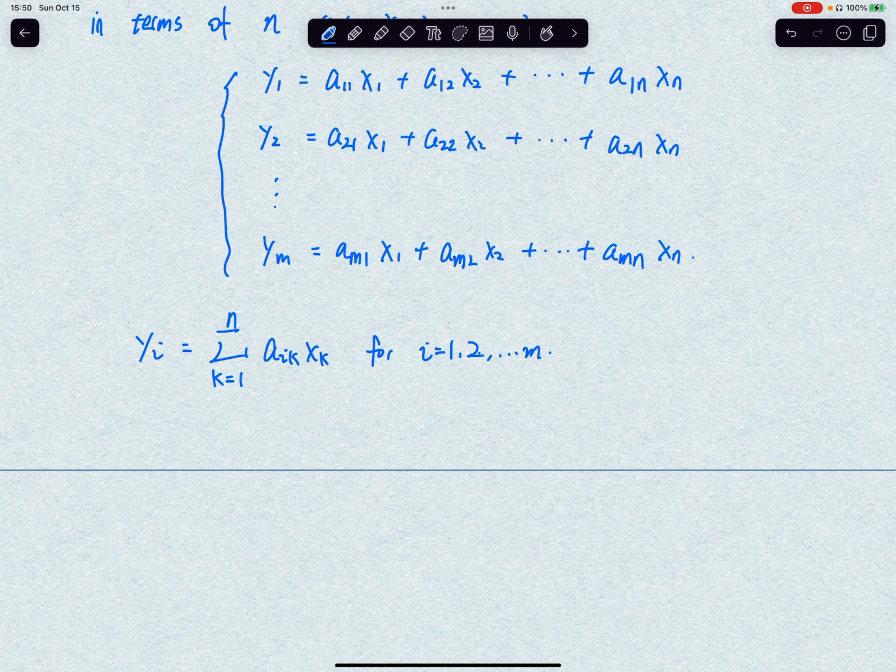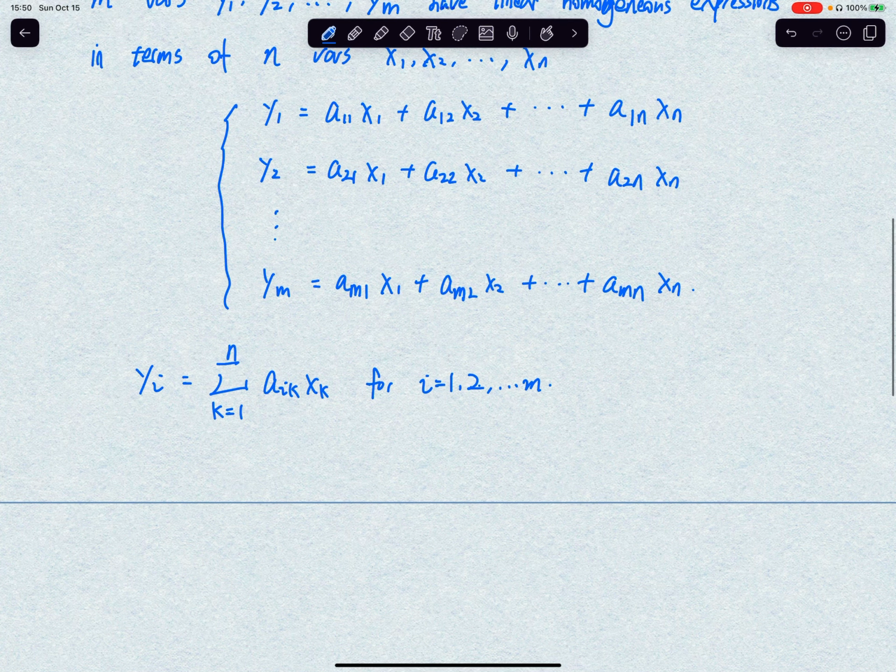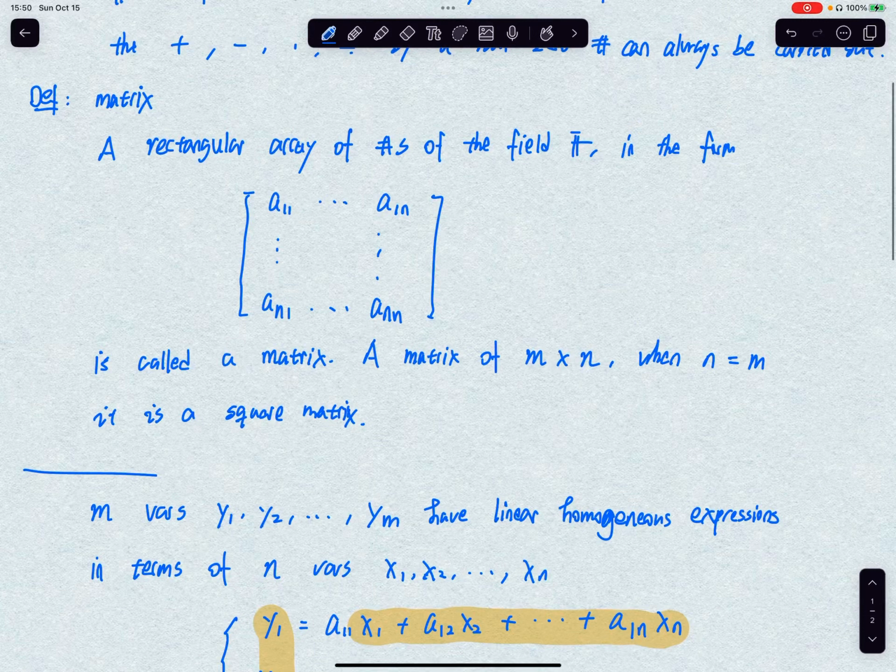And the transformation of the variables x1 up to xn into the variables y1 to ym, so that is from the row into the column, is called a linear transformation. And the coefficients of the transformation form a matrix. So the linear transformation determines the matrix uniquely and vice versa.